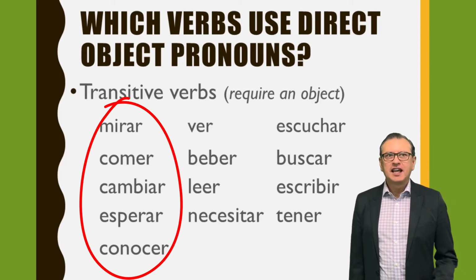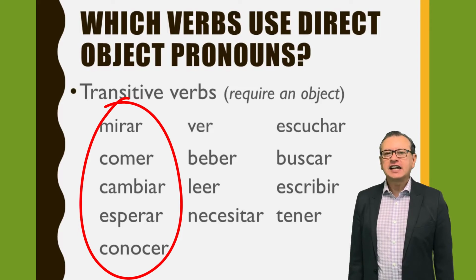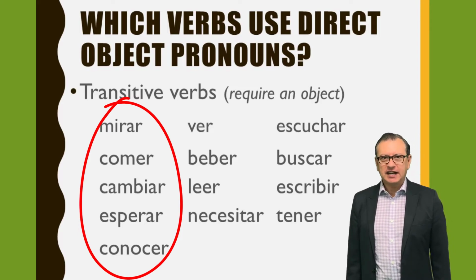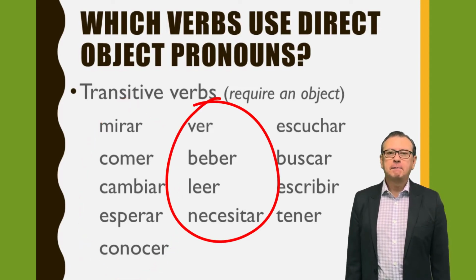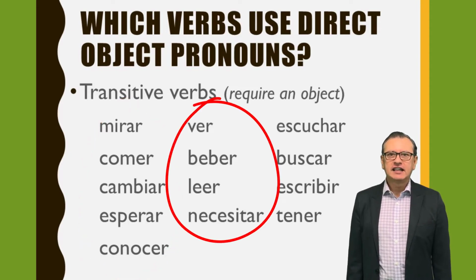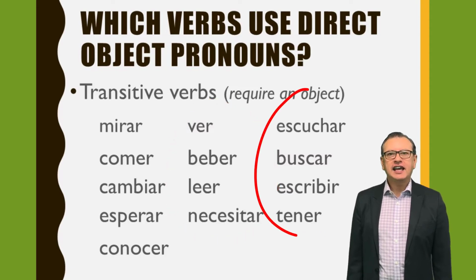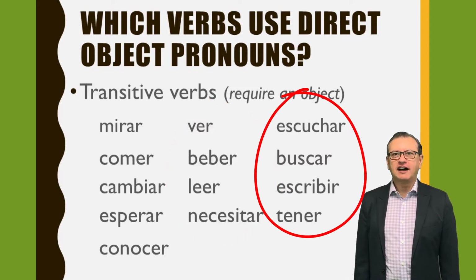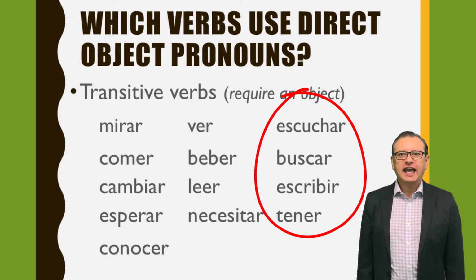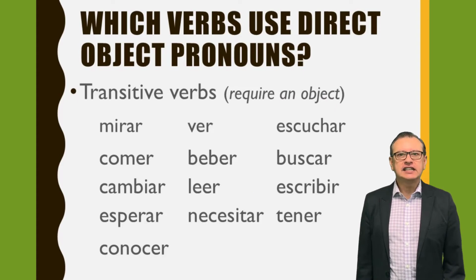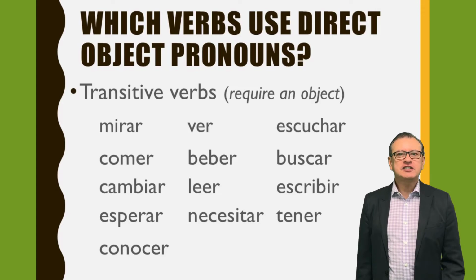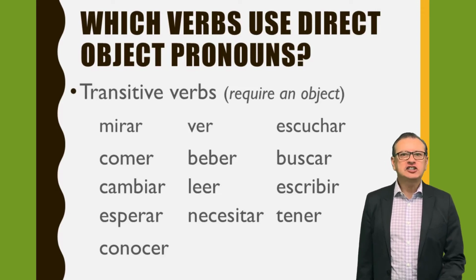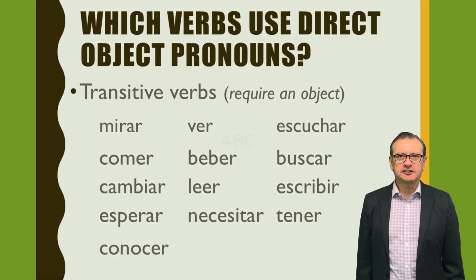Mirar, comer, cambiar, esperar, conocer, ver, beber, leer, necesitar, escuchar, buscar, escribir, and tener. This is a very short list, but this is the list of the most common transitive verbs in Spanish. Next time you see any of these verbs, pay attention because an object might be coming right after.